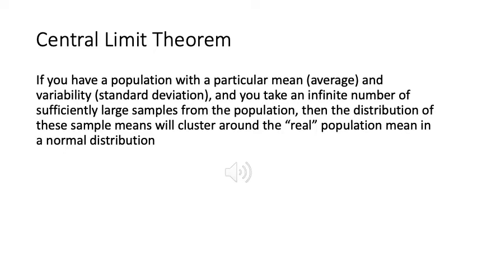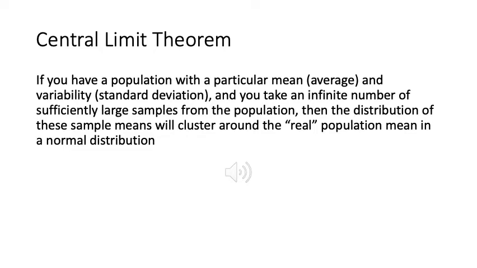The central limit theorem argues that if you have a population with a particular mean and variability, that means the average income is going to be something, and there's going to be a range from the lowest to the highest income. Well, we don't know necessarily exactly what that is.